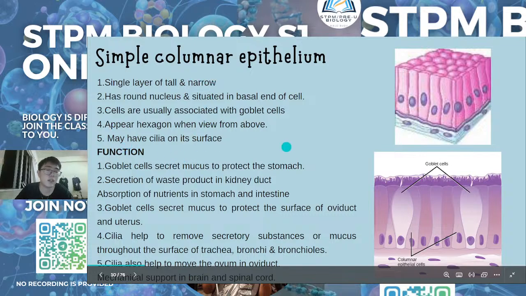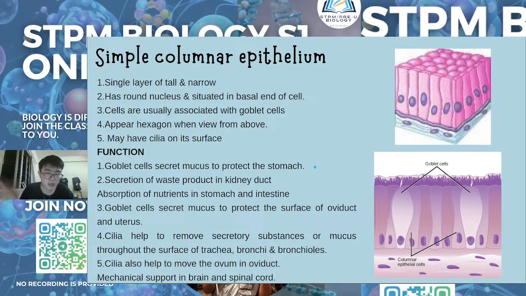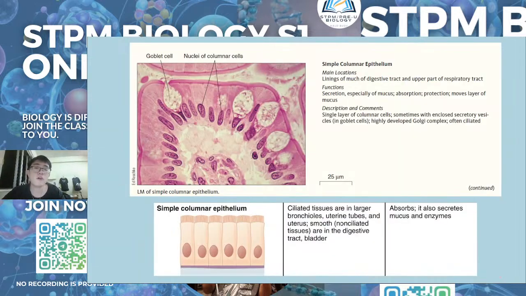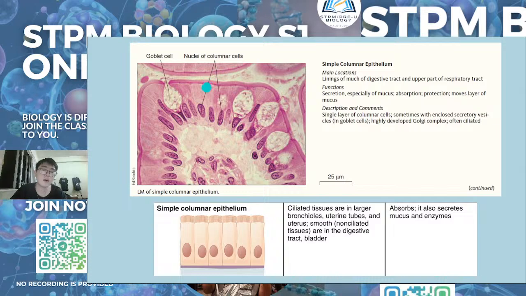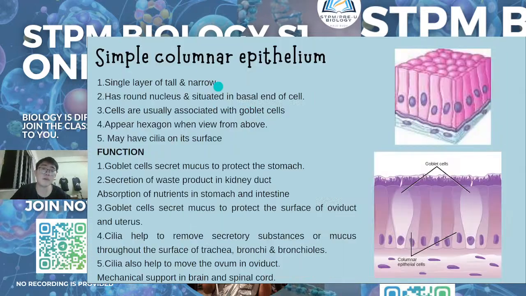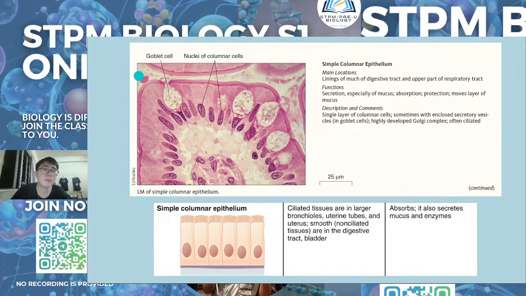But actually if you go further, when you study biomedical science or you study to be a doctor, there is much more, but this is just a general function. This is the microscope structure of simple columnar under the microscope.